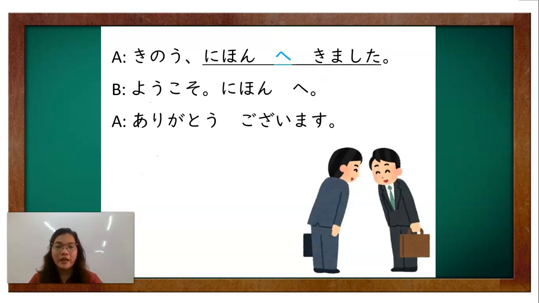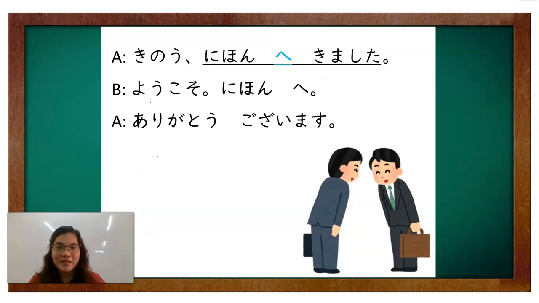And that's the end for their conversation. And thank you very much. Okay, so that is how you're gonna use kimasu or kimashita. So now let's read it again. Kino Nihon e kimashita. Yokoso Nihon e.